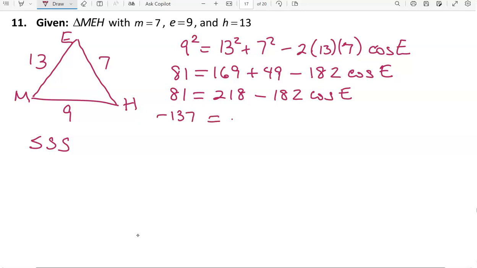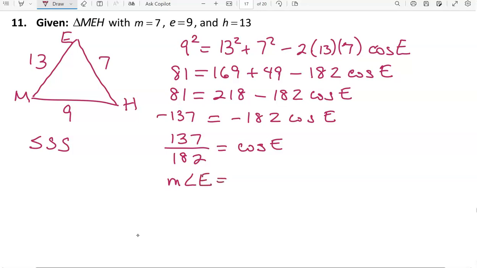So negative 137 is equal to negative 182 times the cosine of angle E, and so that means that angle E has a cosine equal to positive 137 over 182, and that means that the measure of angle E is equal to the cosine inverse of that value.